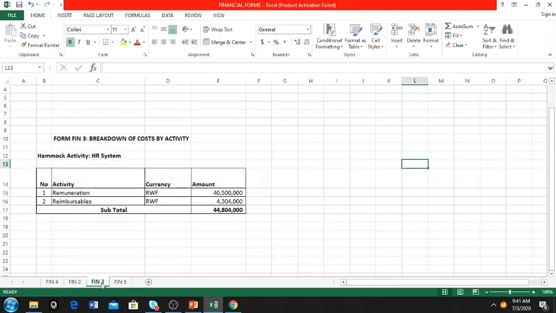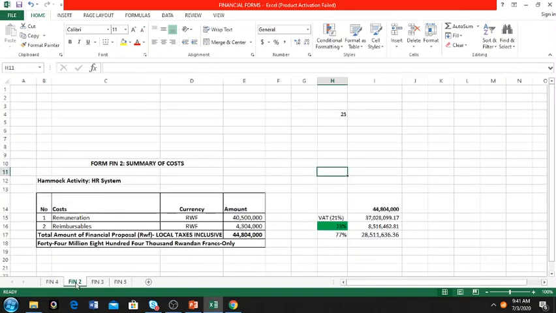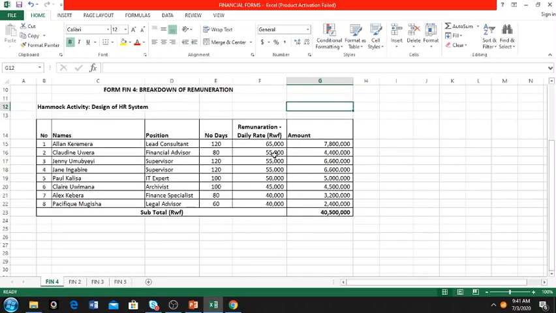So it involves calculation. Like here, for example, you see you have the breakdown of remuneration. So you define that for this consultant, who is going to work for this many number of days, this is a daily rate or remuneration, and this is the amount. You see, so this is parametric.